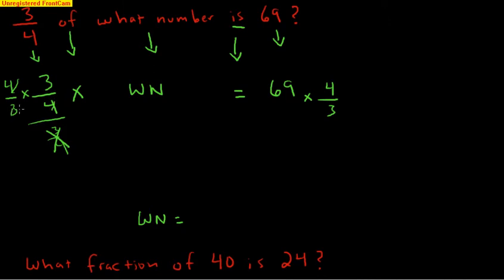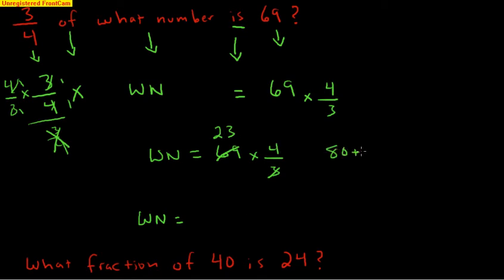These all reduce to 1. 1 times Wn is Wn. Wn equals 69 times 4/3. And so we just got to find out what this is. We can reduce here. 3 goes in here 23 times. 23 times 4 is going to be 80.